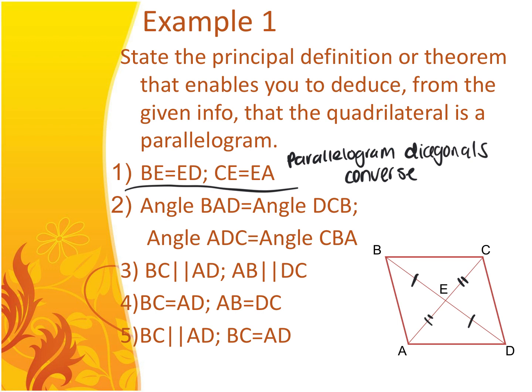The second one, it says the angle BAD is equal to the angle DCB. So let's go ahead and figure which ones those are. BAD is this guy, right? And DCB is this guy, so those are congruent. And then it also says angle ADC is equal to CBA.